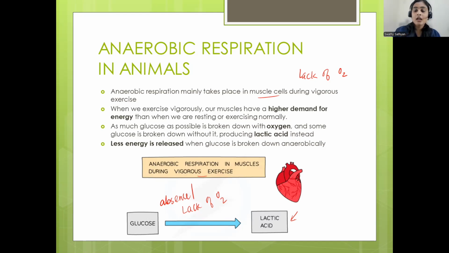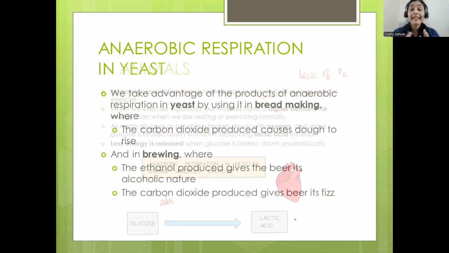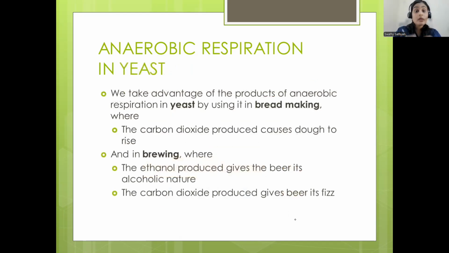Right? Now let's see anaerobic respiration. It's also happening in yeast cells. So what is yeast? Where can we use this yeast? For bread making, for wine making, for beer making. In all these things we can use yeast. So in the case of bread making, inside the yeast cells, yeast are fungi, right?